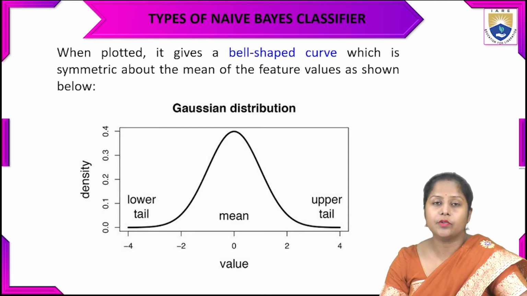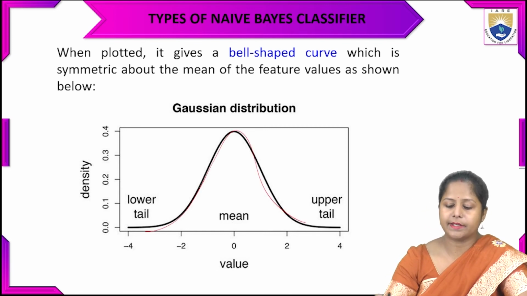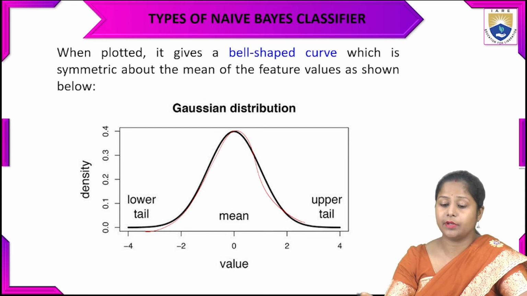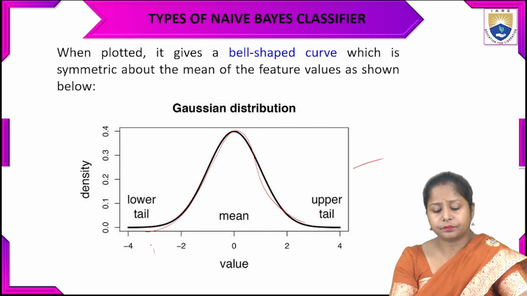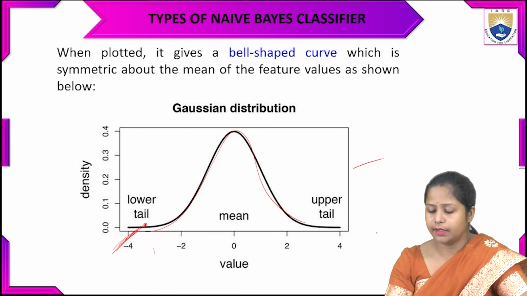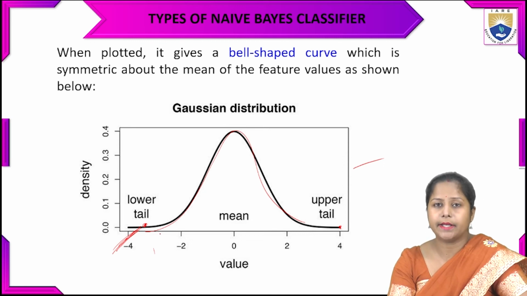When we plot this, it gives a bell-shaped curve. This is actually the Gaussian classification. There is some point from where the bell shape starts and a point where it stops, so there is an upper tail and a lower tail.